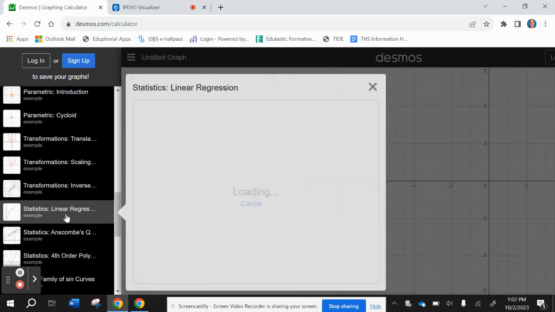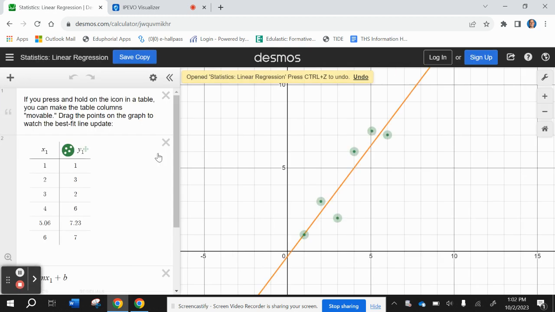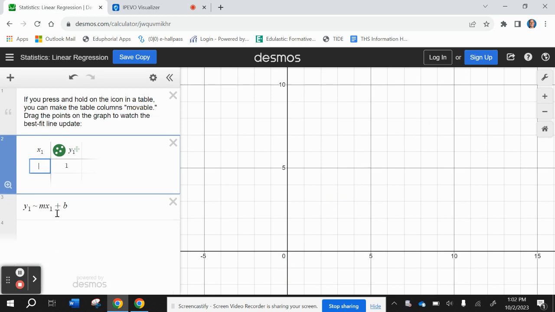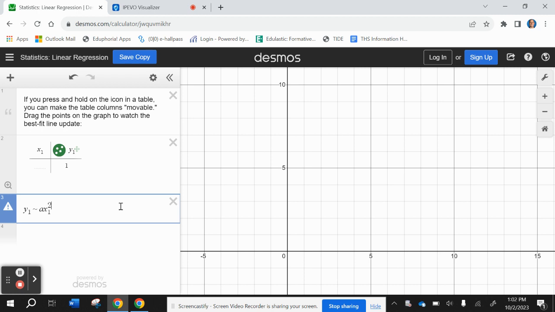Statistics, linear regression, open graph. And then I need to remove the points. And we already know it's quadratic, so we're going to change this equation to be quadratic, because it tells us it's going to be quadratic, okay?